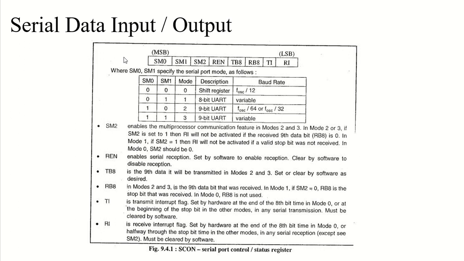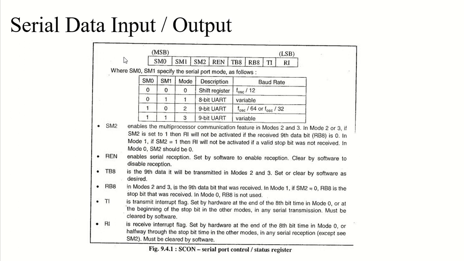Double buffering will reduce the chances of an overrun error, as it is called. The serial interface can be operated in a total of 4 different modes, M0, M1, M2, M3, or mode 0, mode 1, mode 2, mode 3, and these modes can be configured using SCON, which is the serial port control status register.